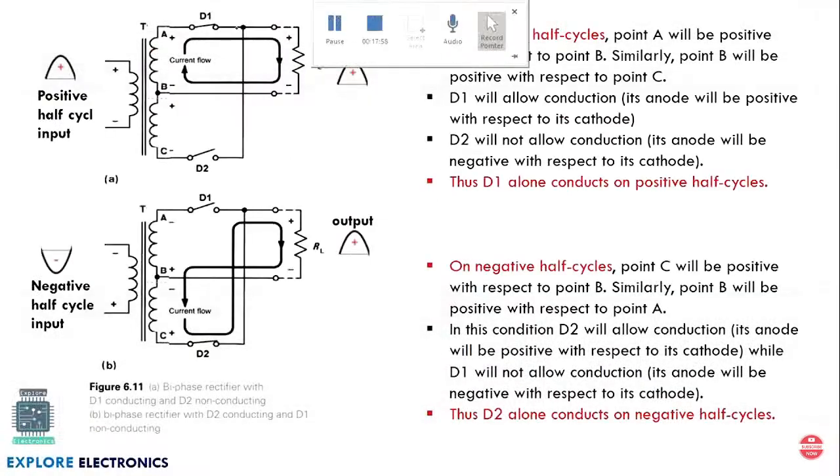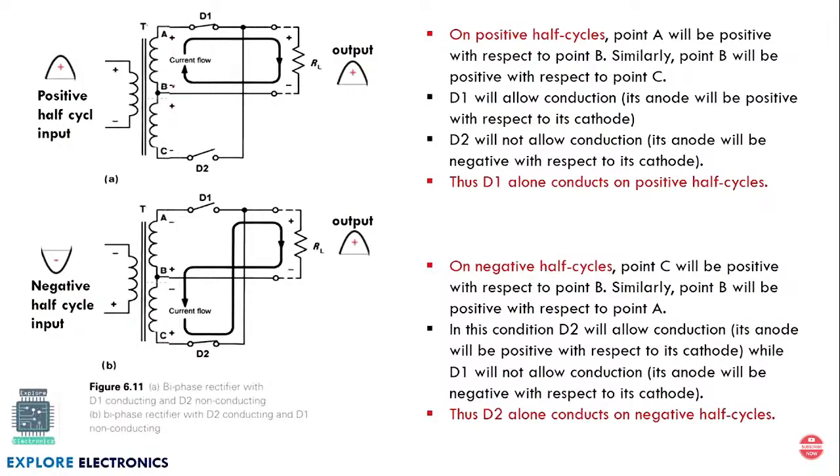Here we will be having two diodes. Let us call them D1 and D2. When the positive half cycle of the input is given to the primary coil of the transformer, it makes the diode D1 forward biased and D2 reverse biased. Because of the center tap here, the diode D1 will treat that as a positive signal and D2 will be treating that as a negative signal because of the positive and negative arrangement you can observe here.